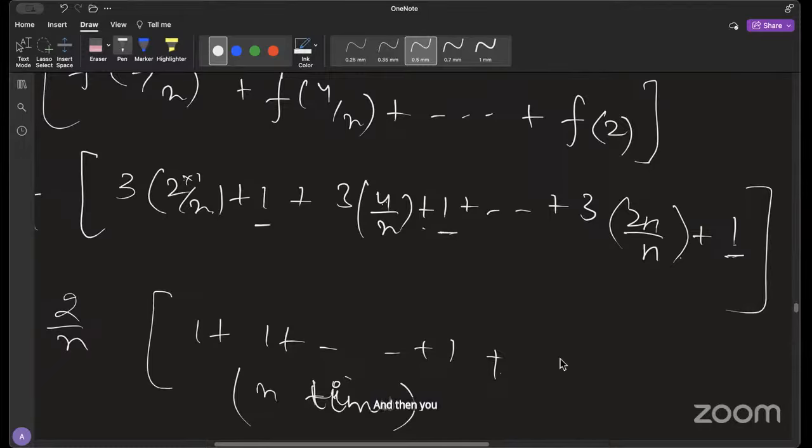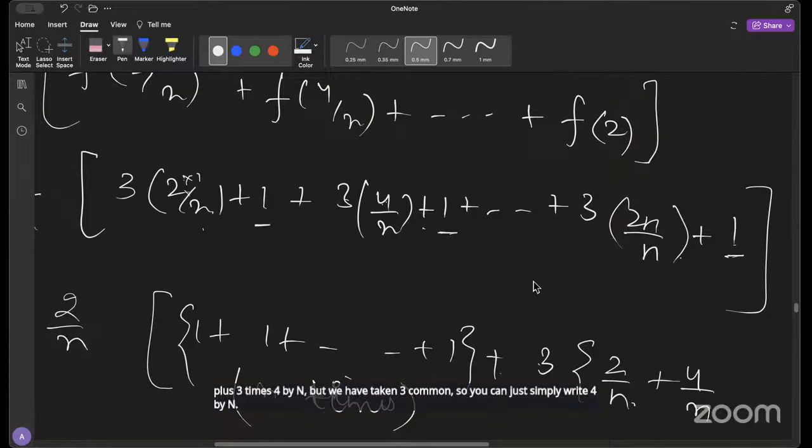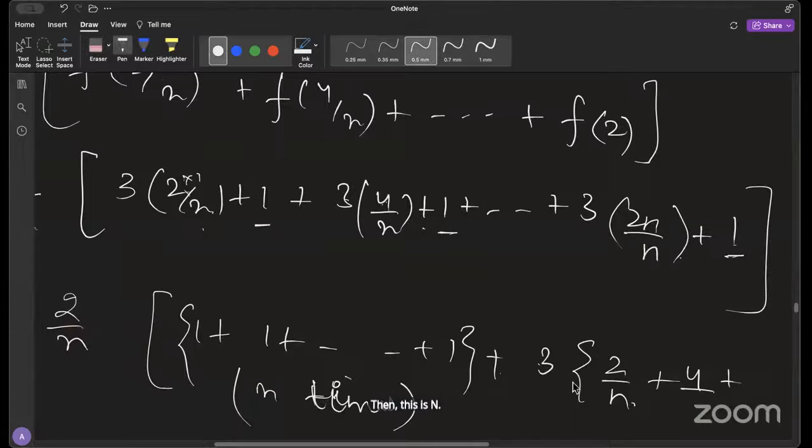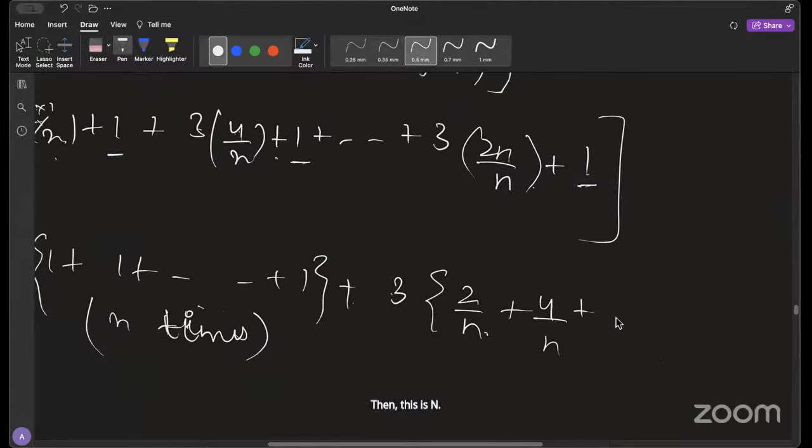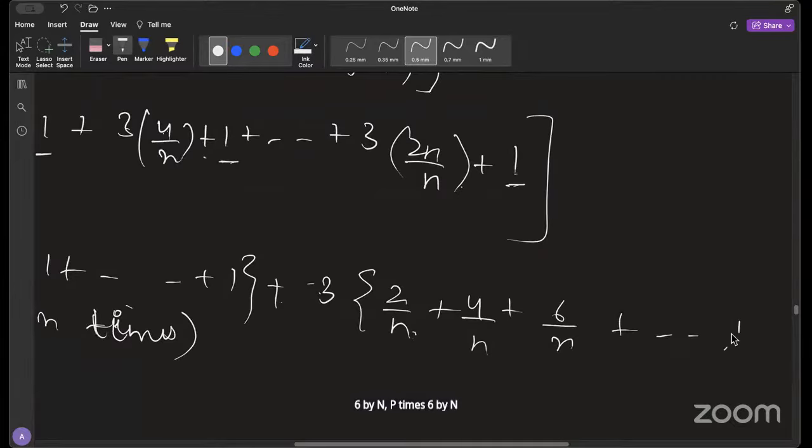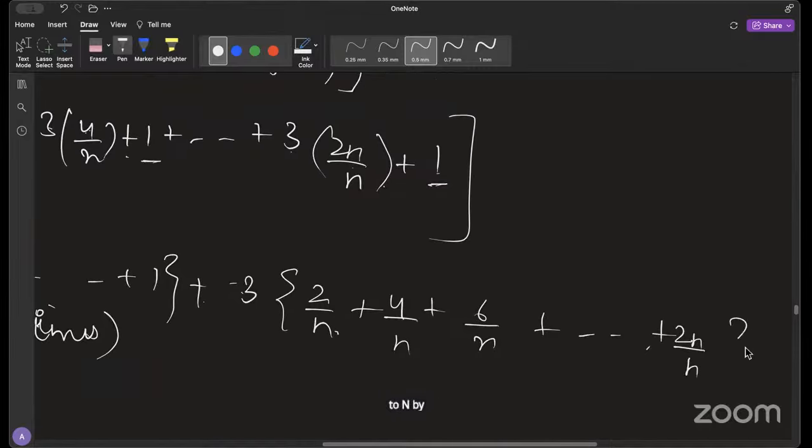And then you have 3 times 2 by n, plus 3 times 4 by n, but we have taken 3 common. Then this is n. 3 times 6 by n, and so on till 3 times 2n by n, right?